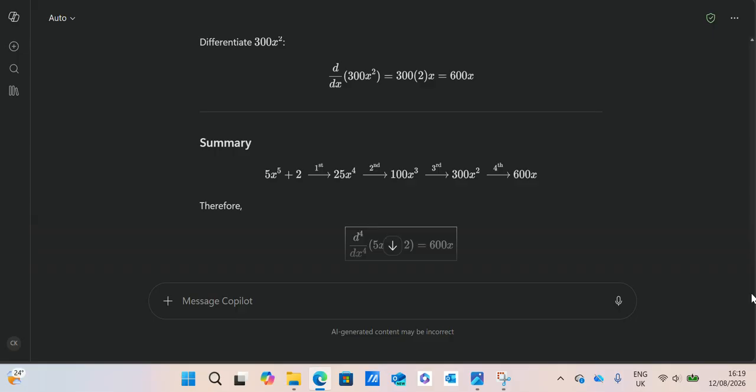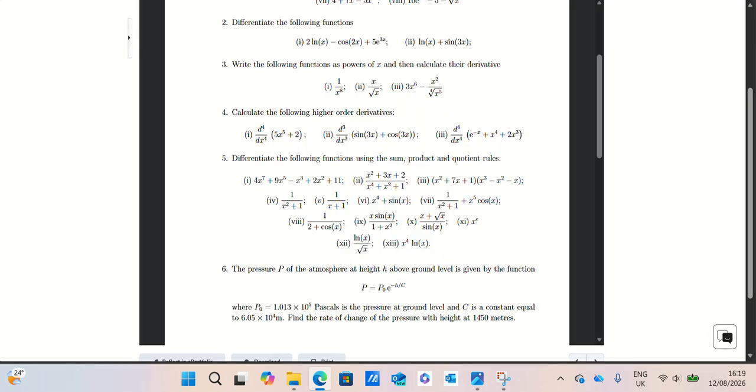Okay, yeah. Fair enough. 300x squared goes to 600x. And that's going to be our answer. Let's try the next one without that.